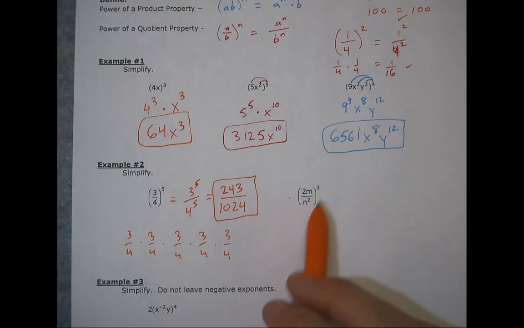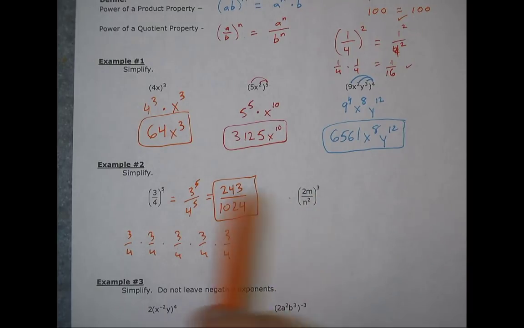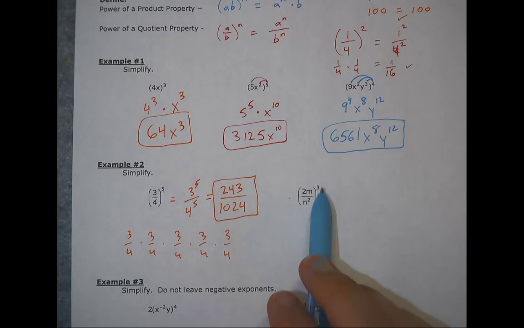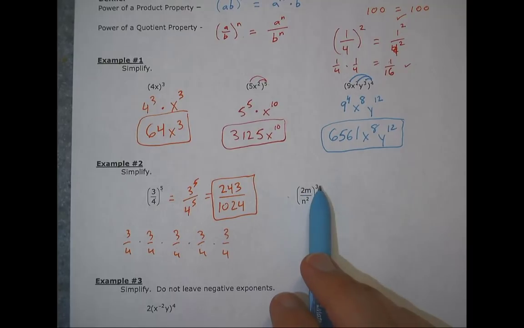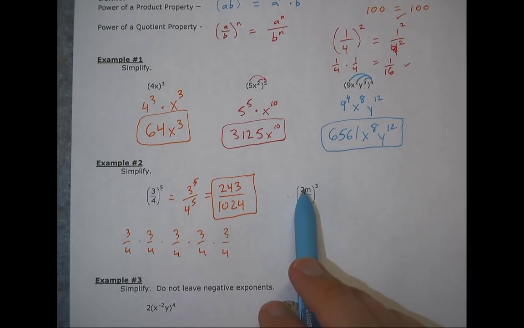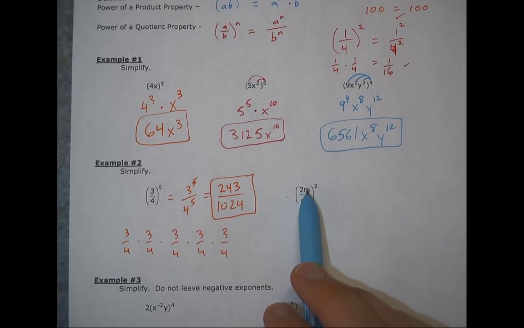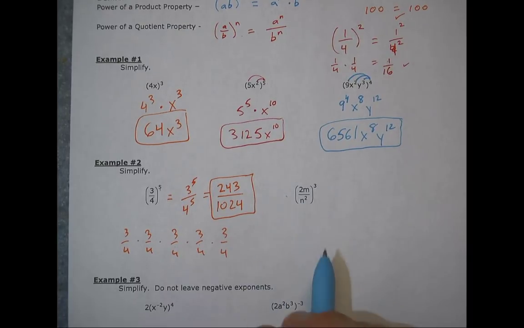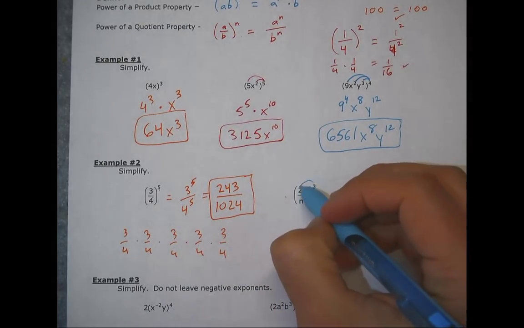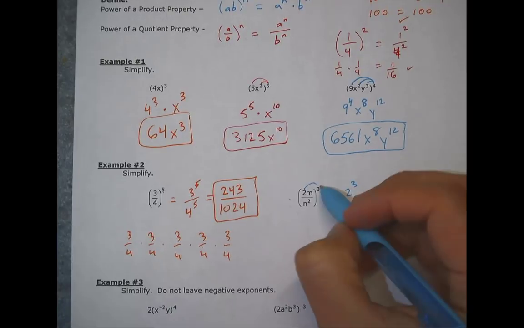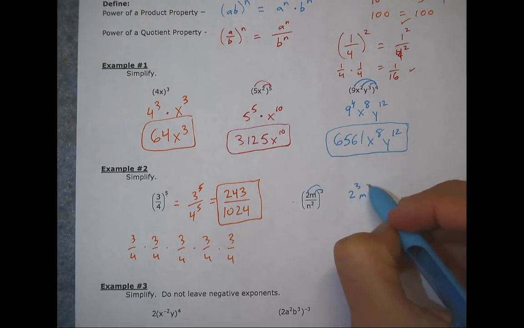Now, when you come over here with some variables, this is the whole reason that we're exploring these properties, so we can simplify some of these algebraic problems. So everything is going to get this 3, all of it. That includes the coefficient, the variable on the top, and the variable on the bottom. So as we bring it here, that's 2 to the 3rd. And then we bring it here, and that's m to the 3rd.